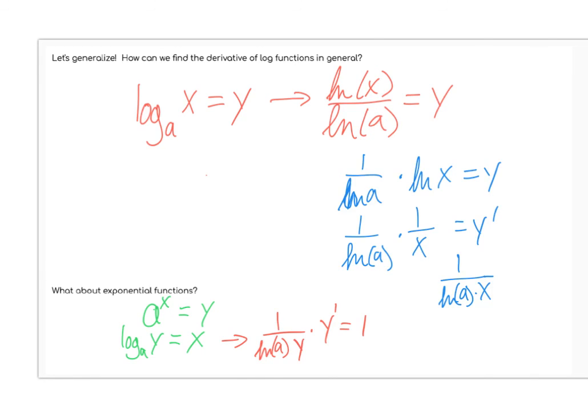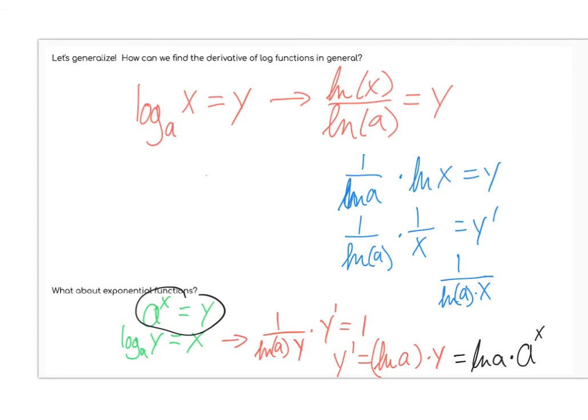I'm going to multiply that to the other side so I can get y prime by itself, and we get y prime is equal to ln of a times y, which is a to the x. So the derivative of that is going to be ln of that base multiplied by that same function, a to the x.